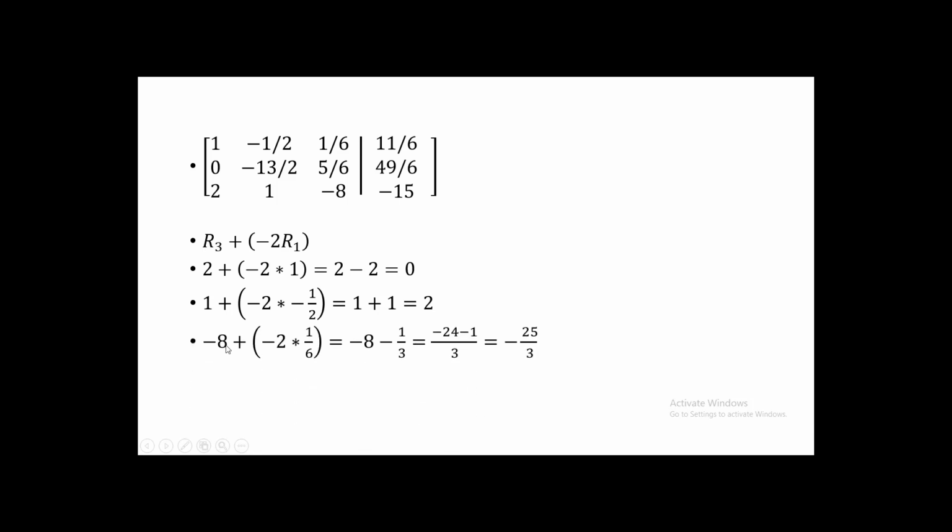Then minus 8 plus minus 2 into 1 by 6 equals minus 8 minus 1 by 3, which is equal to minus 25 upon 3. Then lastly minus 15 plus bracket minus 2 multiplied by 11 by 6. When I simplify it, this is what I get, minus 56 upon 3. Okay, so there you get it.